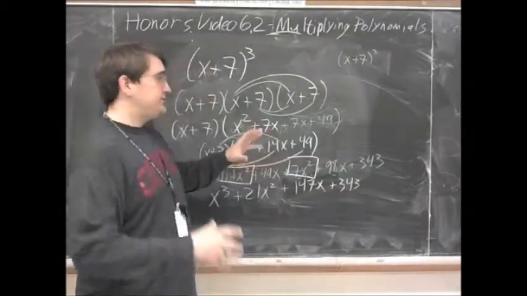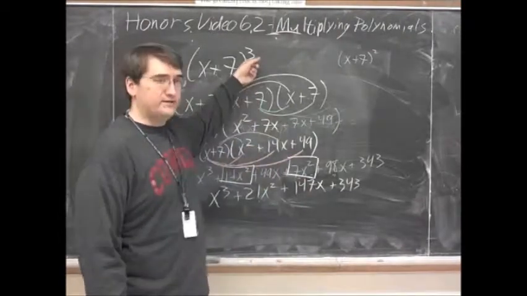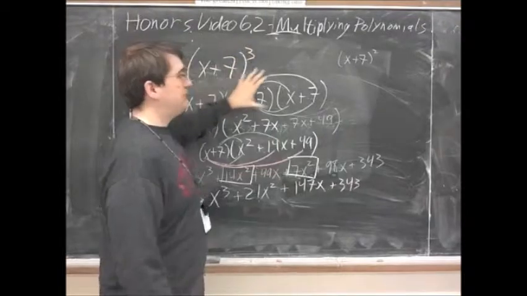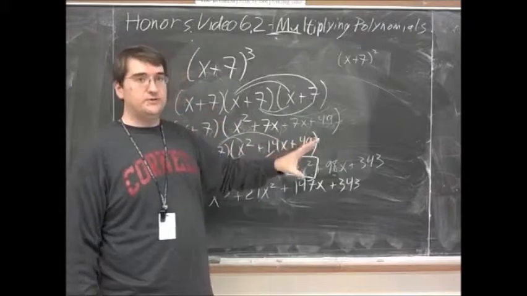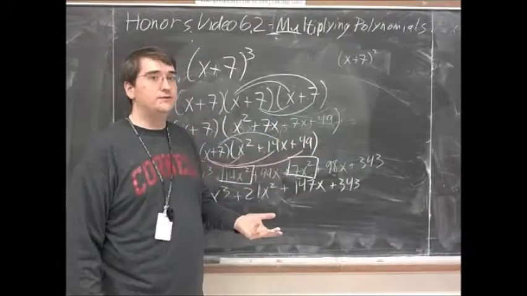So it's all just distribution, just more of it. Only this is not distribution: the exponent, not distribution. But when you're multiplying a polynomial times a polynomial, it's just the same use of the distributive property, just more than once.